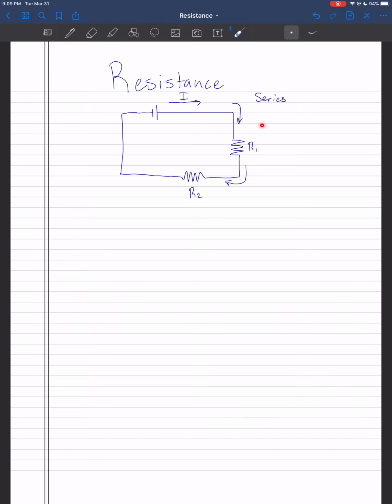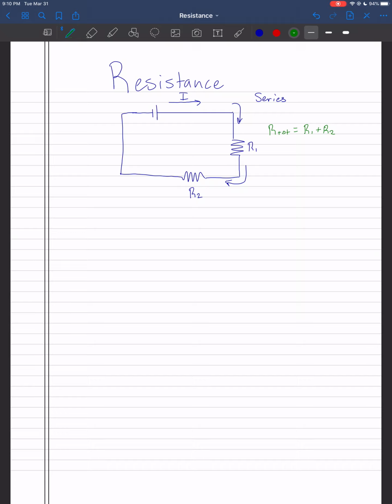You're going to be asked to find the total resistance for a series setup at times, okay? That R total is simply given by R1 plus R2. Now, that's pretty intuitive, right? You just add them up.